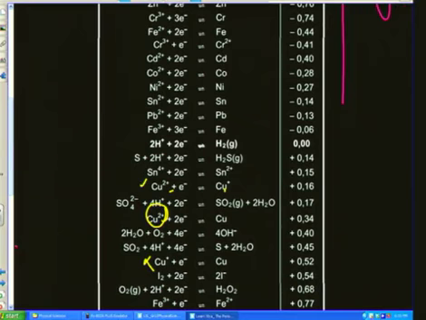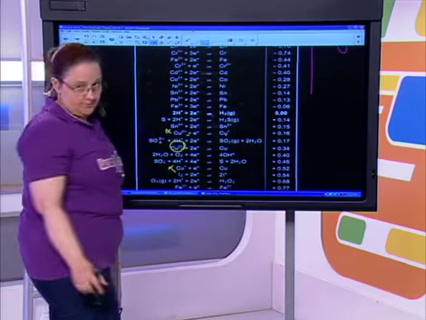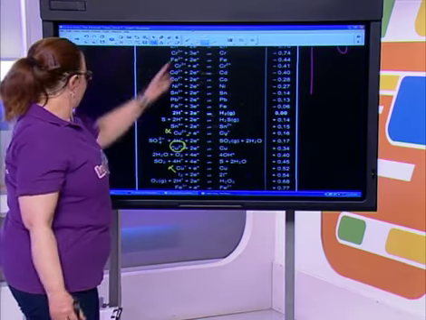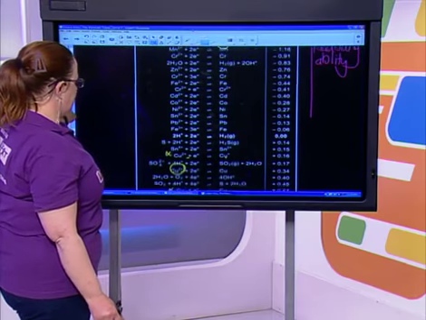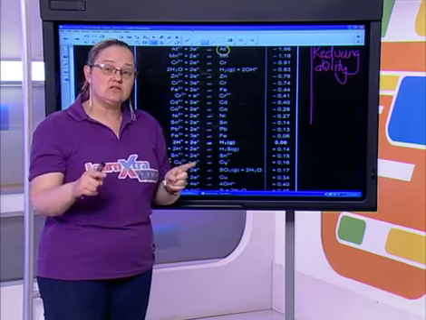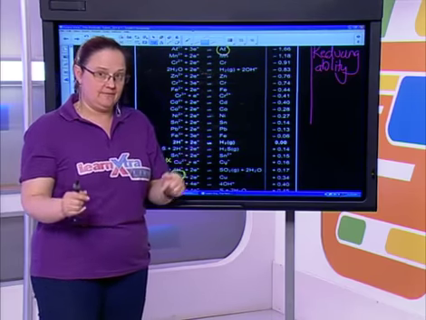Unless they make it very clear in the instructions that you're using copper 1+, ignore those equations completely. You're going to use the copper 2+. So I've ringed the aluminium and the copper 2+, because those are my reactants. That's what I started with inside the container.